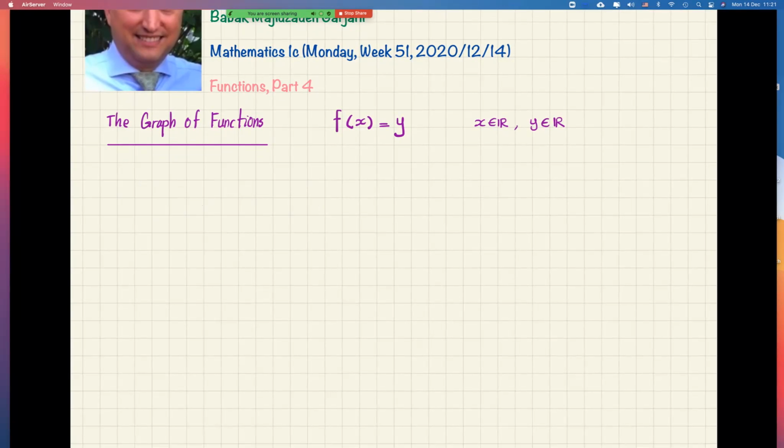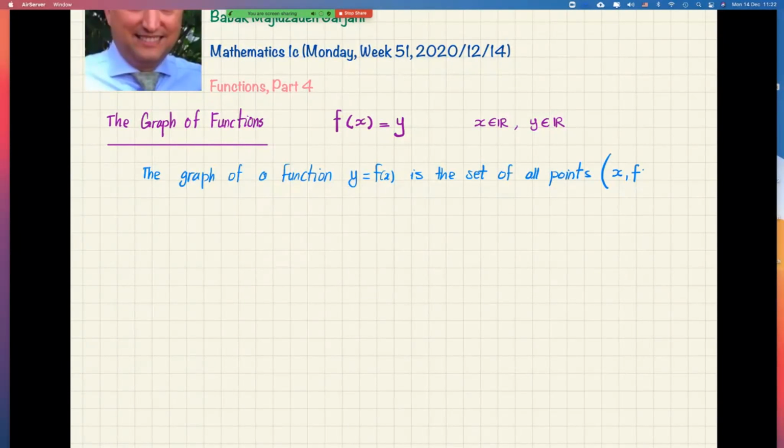When I talk about the graph of a function y equals f of x, it is the set of all points whose x coordinate I will call x, and whose y coordinate is f of x.